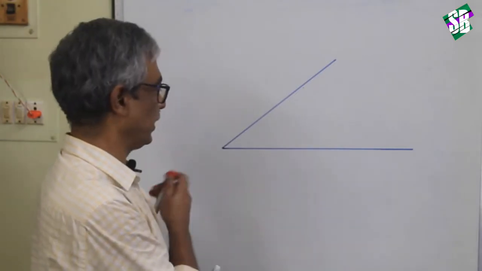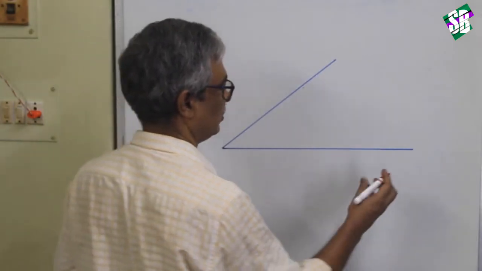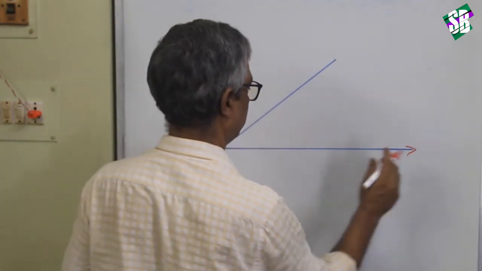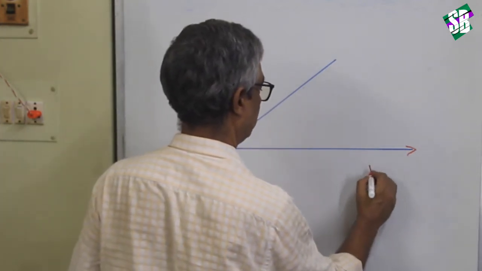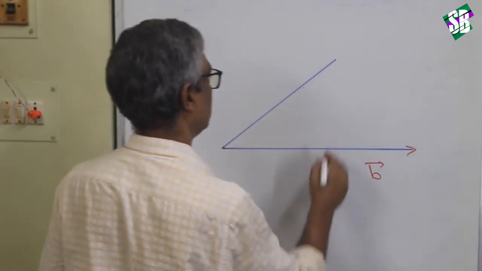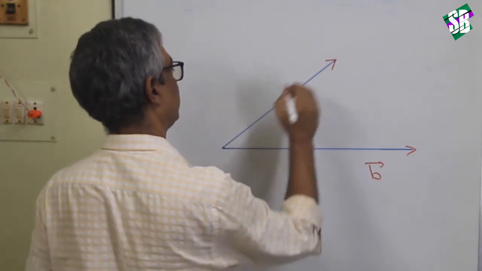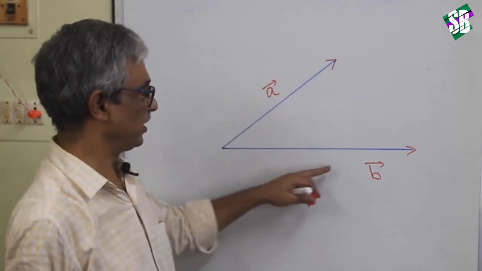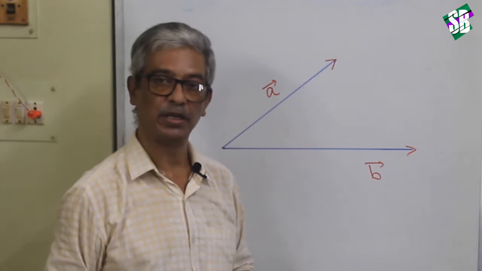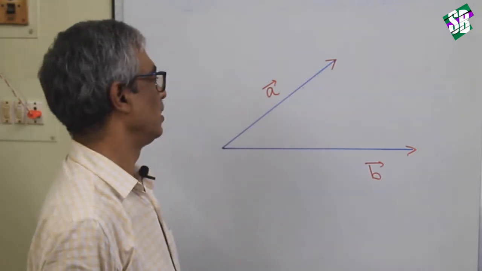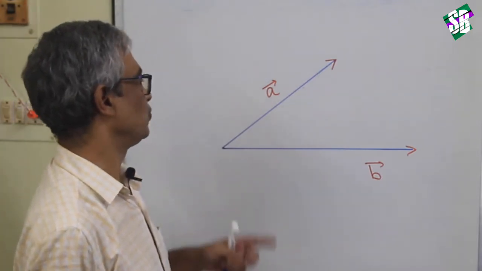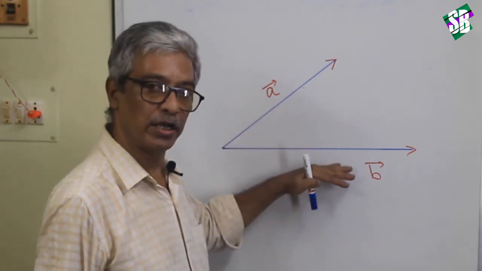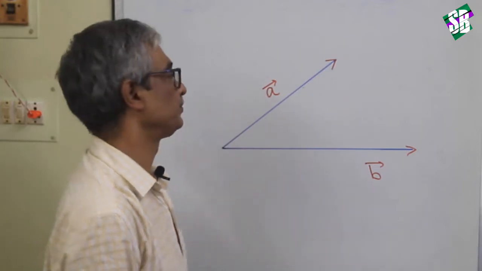Let this vector be b vector and this vector be a vector, and we need to find out the projection of a vector along b vector.